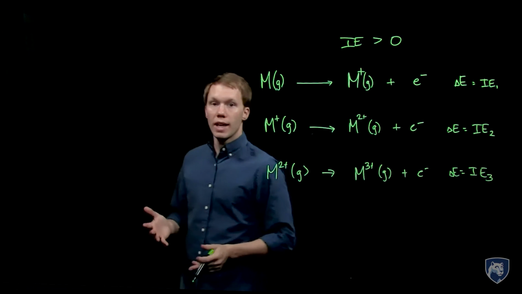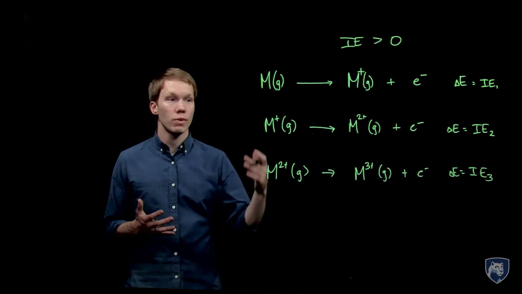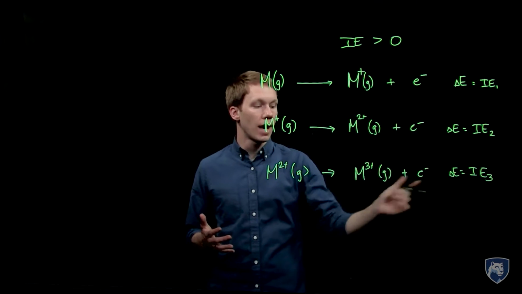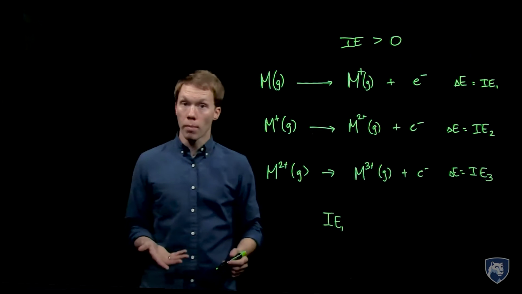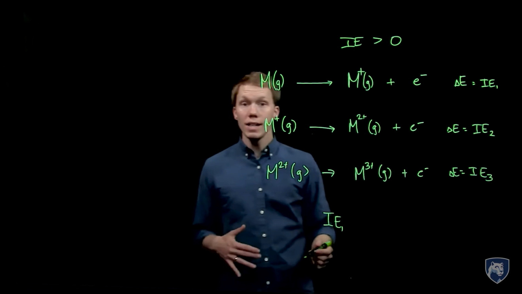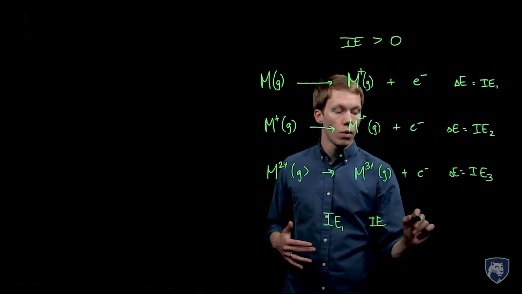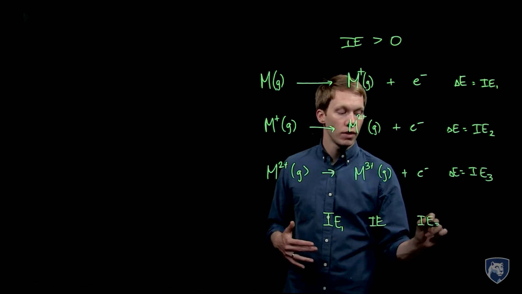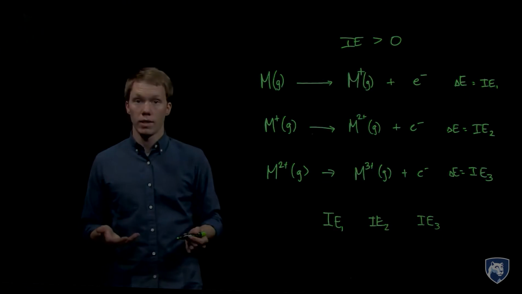Now, what do you think is going to happen to these values as we go from IE1 to IE2 to IE3? Are we going to increase? Is it going to get more positive? Or are we going to decrease these numbers? Is it going to get easier or harder to remove an electron as we remove additional ones?